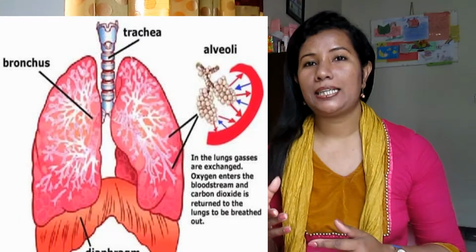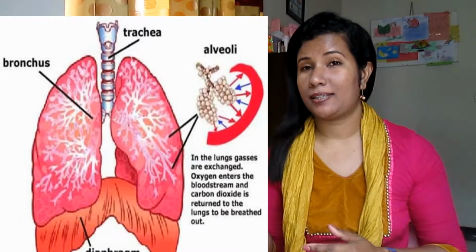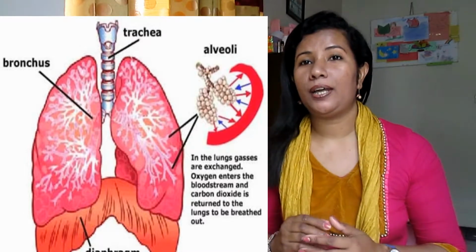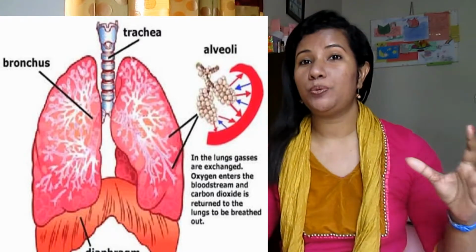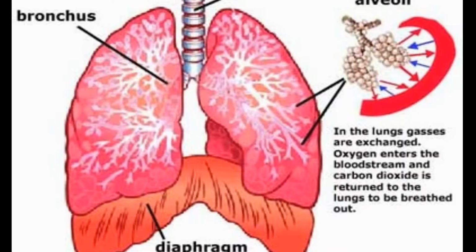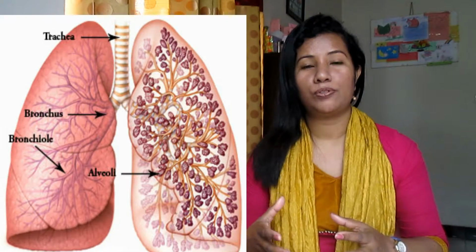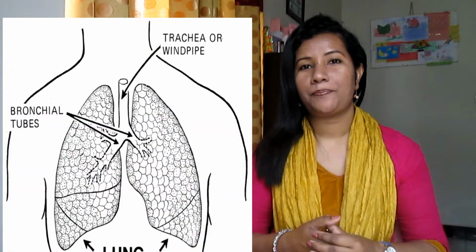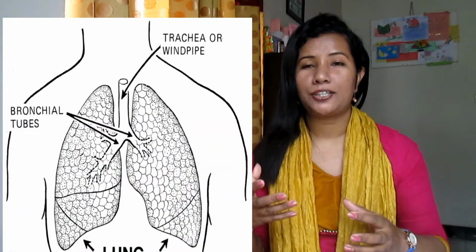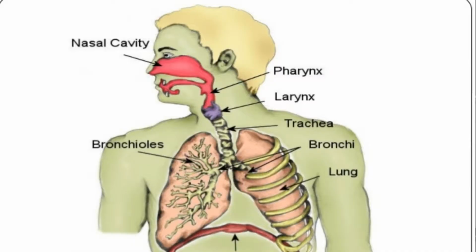Although each individual alveolus is tiny, the alveoli collectively have a huge surface area, probably totaling around 70 square meters in an adult. Okay, and this means that a large number of oxygen and carbon dioxide molecules can diffuse through the lungs.